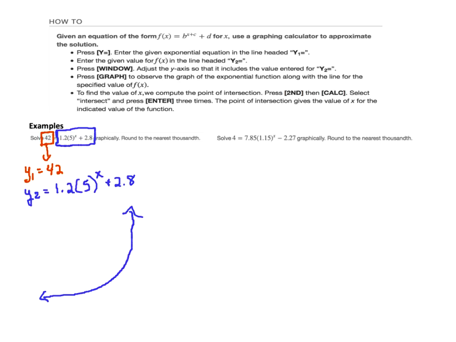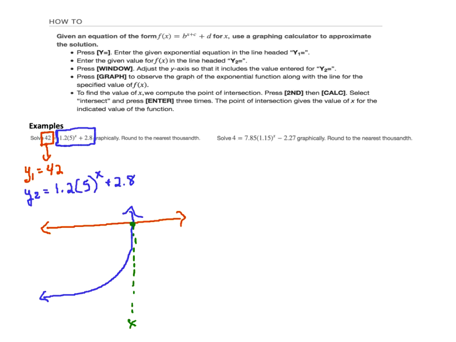And then I have a horizontal line at 42. And where these two functions intersect at that x value, that is where they are equal. So that's what you're trying to figure out, is when are these things equal? So you just need to figure out what the x value at that intersection is.